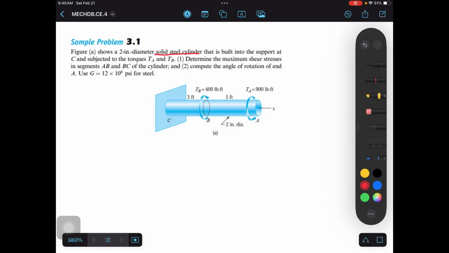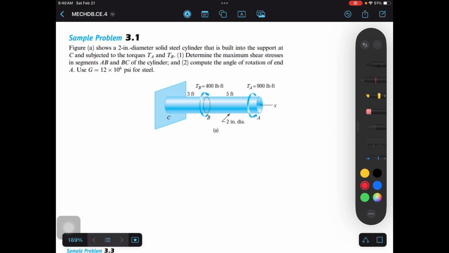So, solid siya. So, solid, hindi hollow, sabi nga. And then, at point C, it is fixed. So, may support siya dito. So, may reaction yung point C niyan natin. And then, sa point B and point A, may mga applied na torque. So, number 1, determine the maximum shear stresses in segment AB and segment BC. Then, number 2, compute the angle of rotation of end A. So, co-compute yung angle of rotation dito sa end, sa point A.